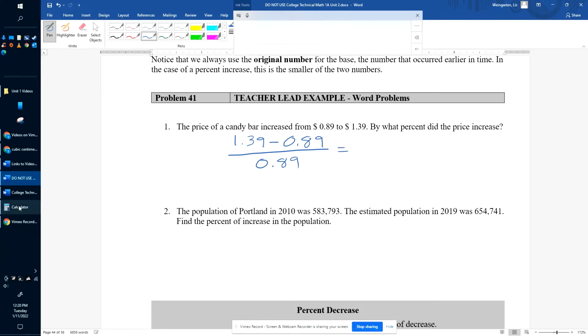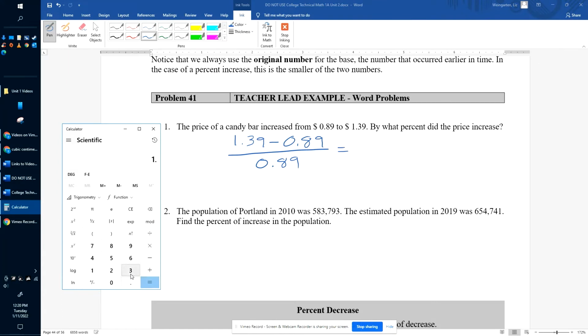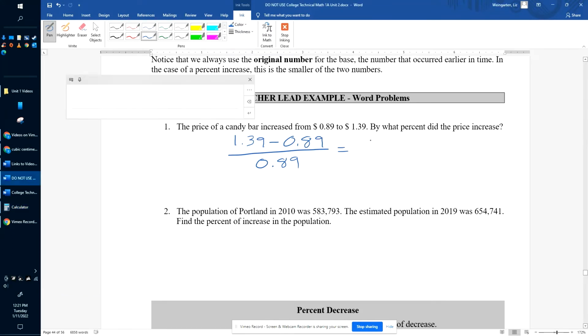So let's see what we get. It's 50 cents. That's a lot. Over 0.89, and we have to multiply that by 100 to get our percentage. A 56.2% increase. That's a lot. Might have to cut candy bars out of my diet if that's the case.